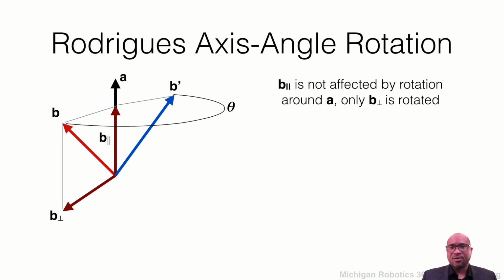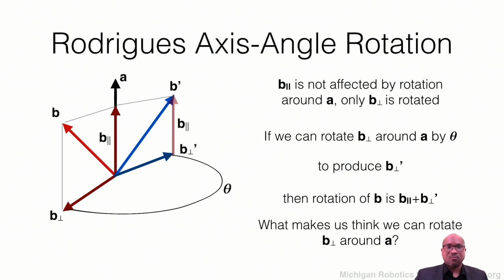So we should note that if we're rotating B about A, B parallel is not affected by that rotation at all. Only B perpendicular is. That means we can perform all these rotations that we want, and B parallel stays in place.